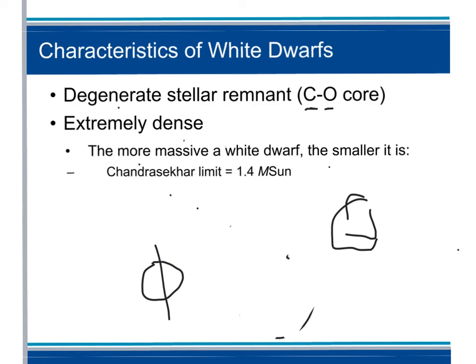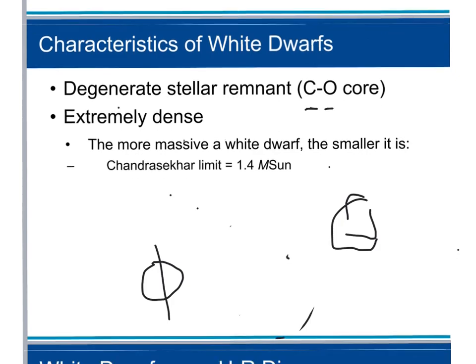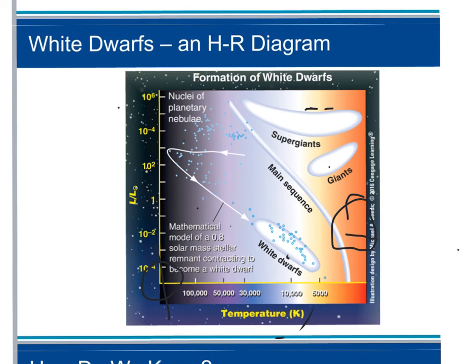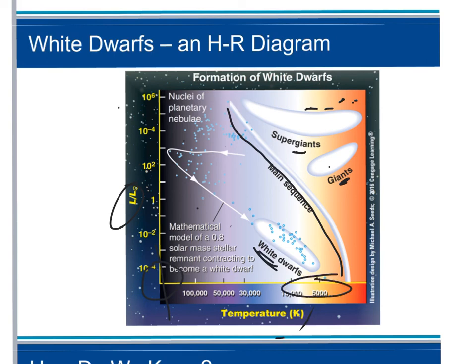Here's our luminosity right there. So white dwarfs are low luminosity and high temperature.